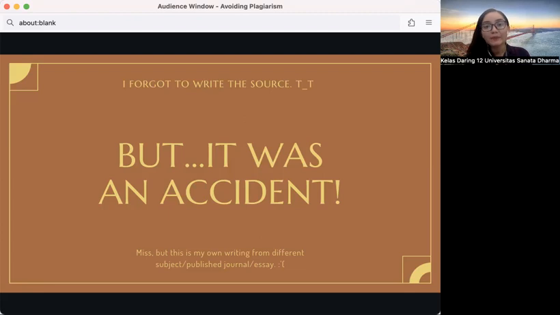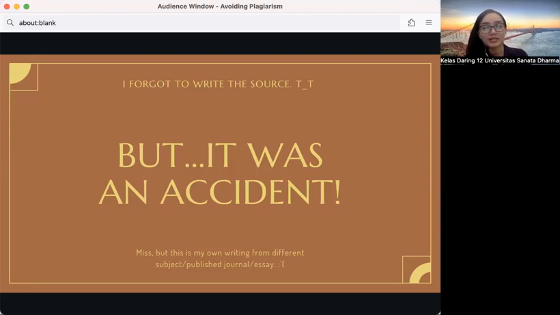What is more important is that even if it was an accident, it is something called self-plagiarism. An author publishes their own previously written work and presents it as new writing without referencing the earlier work, either in its entirety or partially.